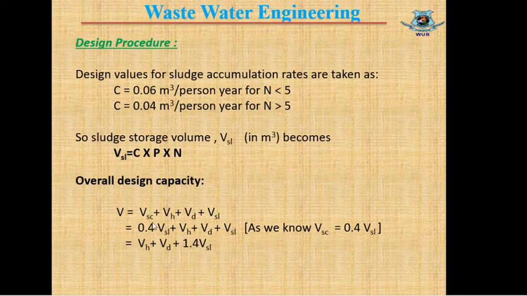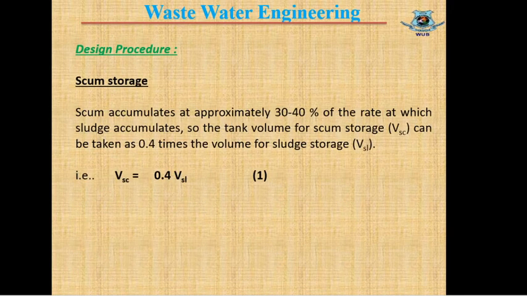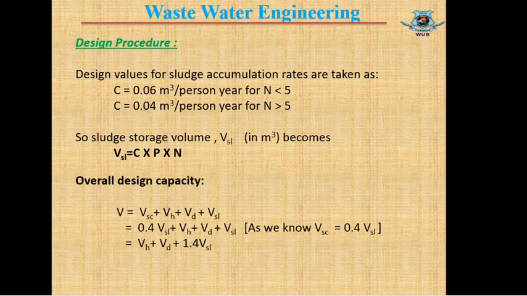By summing these 4 items we get the total volume. As we know, VSC equals 40% of VSL, that means 0.4 VSL. So we replace this value, and the total volume stands as VS plus VD plus 1.4 VSL. Using this equation we can calculate the overall volume of the sedimentation tank.